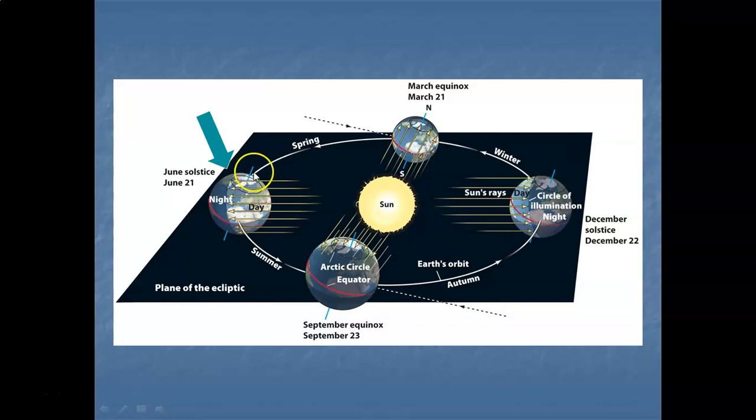And now, what we're going to be looking at is the exact opposite situation from where we were 6 months ago. Everything is now going to be opposite. Now the northern hemisphere is tilted towards the sun, and we're going to be experiencing summer in the northern hemisphere. And so on or about June 21, we've got the summer solstice for the northern hemisphere.